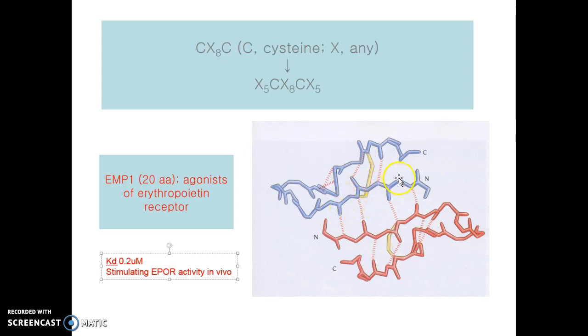Each monomer, shown in red and blue, forms a beta hairpin structure stabilized by hydrogen bonds, red dashes, and the disulfide bond, the yellow. The 2 peptides form a symmetrical dimer stabilized by 4 hydrogen bonds and hydrophobic contact. The 2 monomers form a 4-stranded anti-parallel beta sheet.